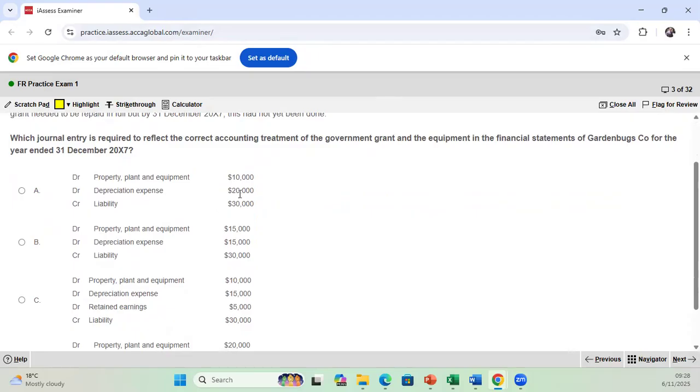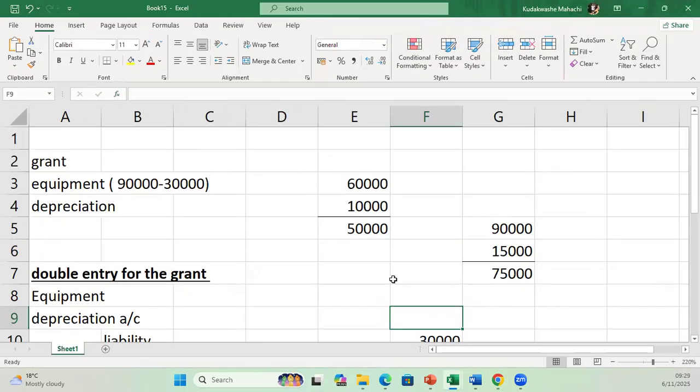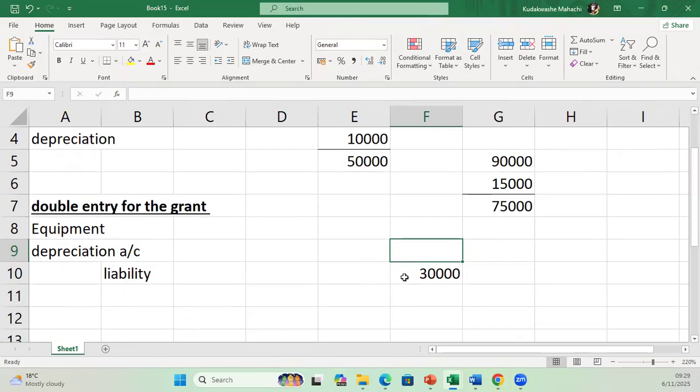So for the depreciation expense, let's start with the depreciation expense. What we should now record is 15,000. And we had recorded a depreciation expense of 10,000.